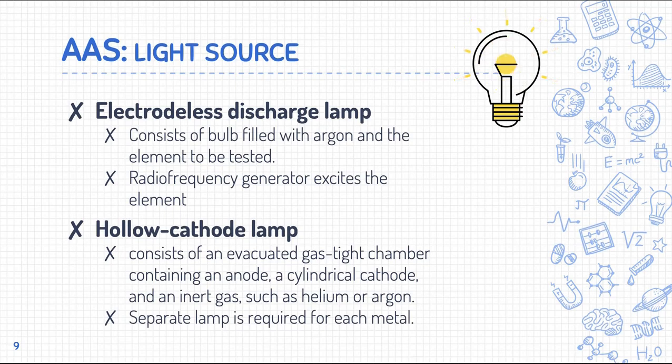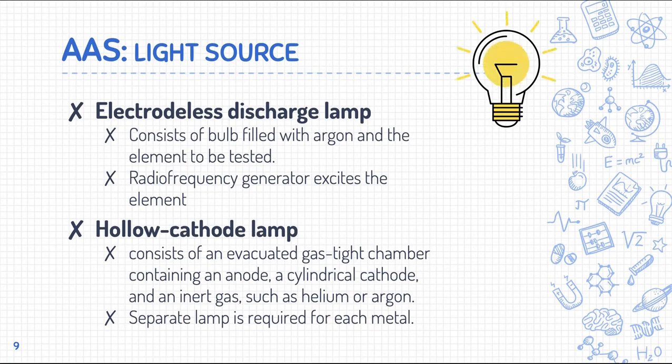What does it do? It consists of an evacuated gas-tight chamber containing an anode, a cylindrical cathode, and an inert gas, usually argon as well as helium. It requires a separate lamp for each metal. If you're measuring a particular element, like aluminum, a different lamp is required for aluminum, and a different lamp for copper, zinc, and so on.